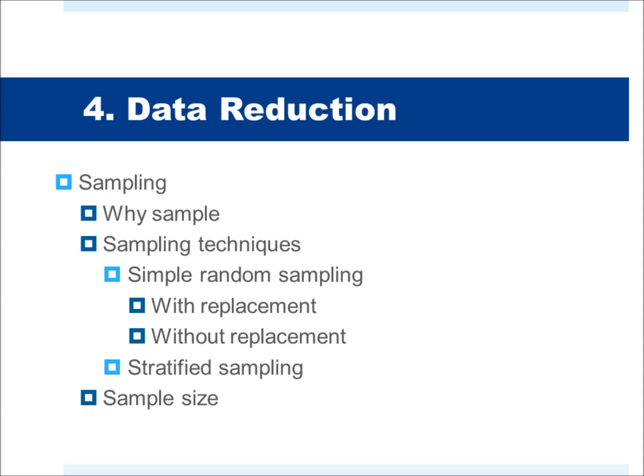There's all different sampling. The keyword is random, but make sure you understand, sometimes you want to do sampling with replacement, sometimes without replacement. It depends on the sample size.